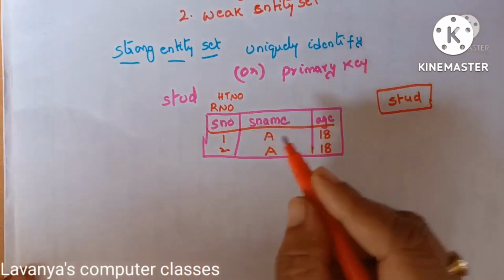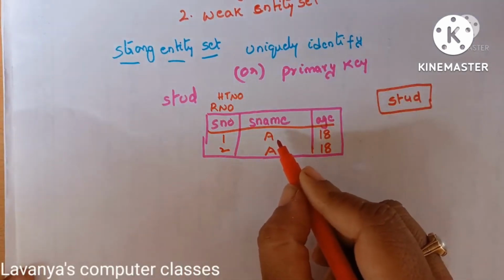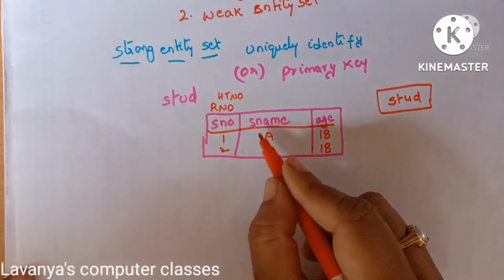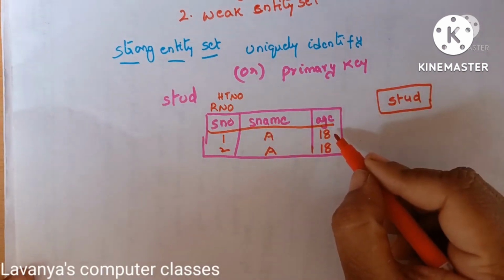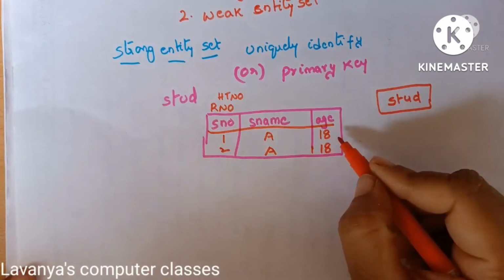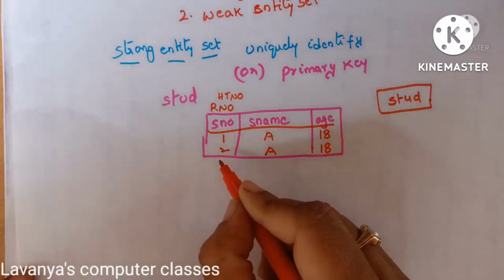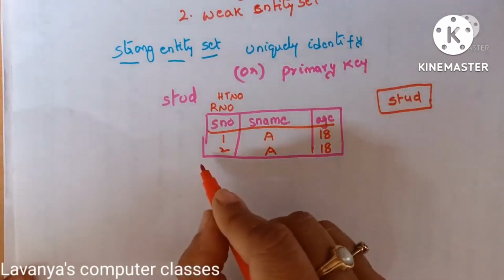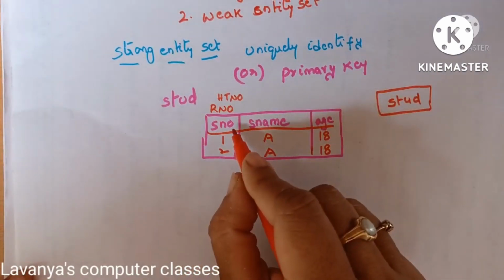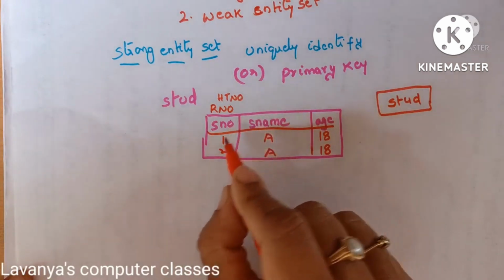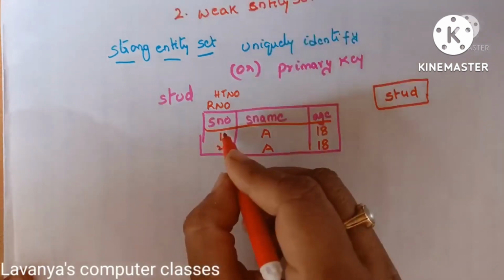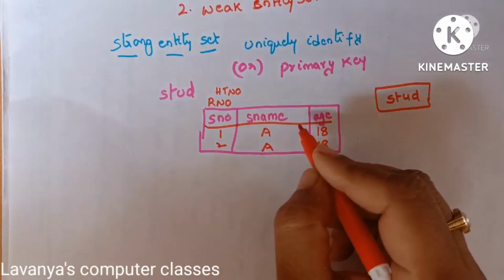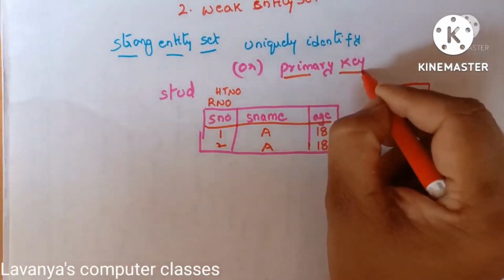If a teacher calls a student by the name A, both students raise their hands because both names are the same. Similarly, according to age also it is not possible to identify. How can you differentiate one student from another? We need at least one field that is different from the other fields. Which field uniquely takes values different from the others? That is possible through the primary key.